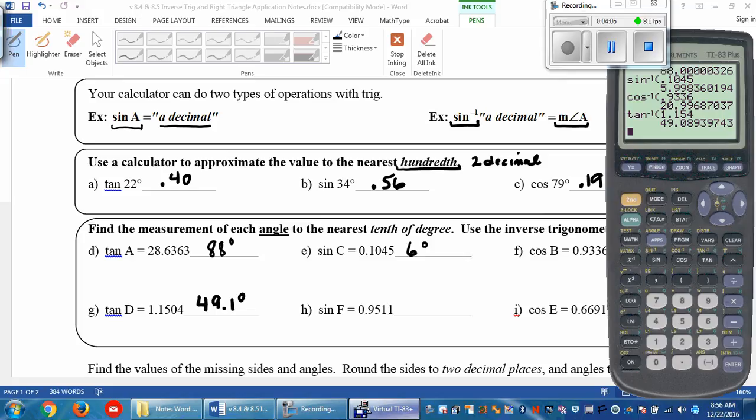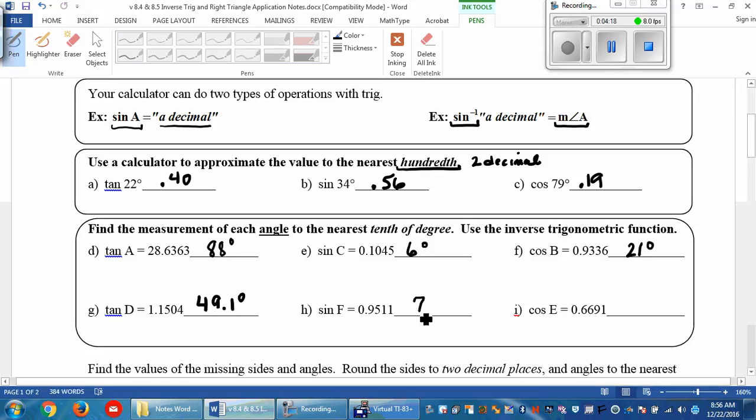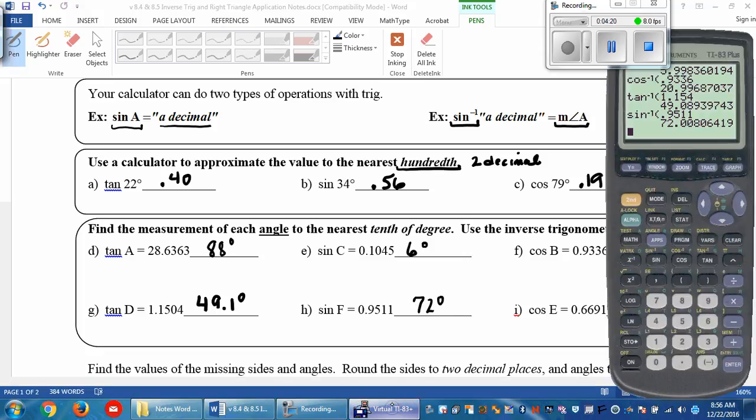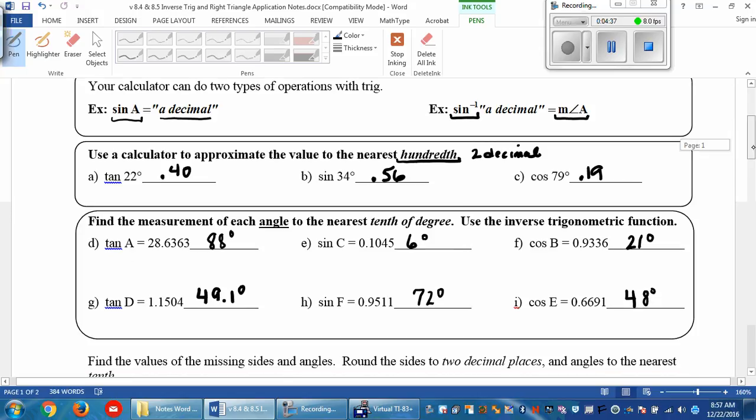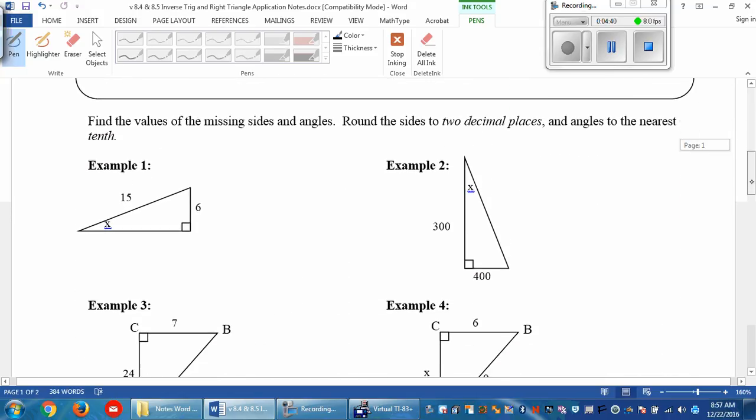Next one, we have inverse sine of 0.9511, giving you, looks like 72 degrees. And lastly, the inverse cosine of 0.6691, which looks like it's exactly 48 degrees. Okay, make sure you're using the right operation for what you're solving for.